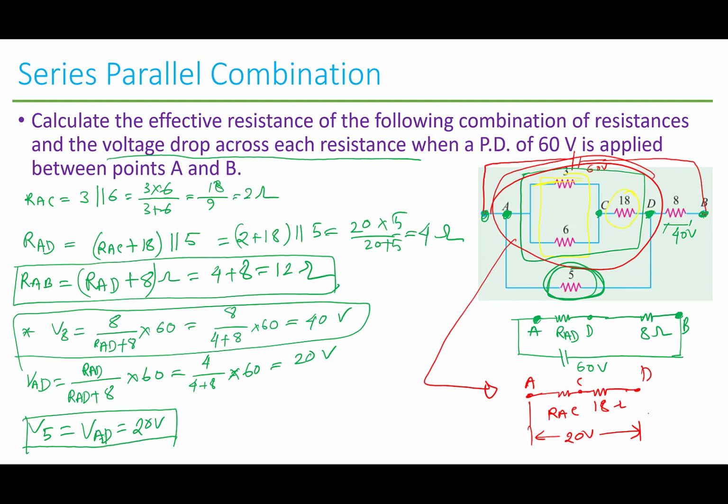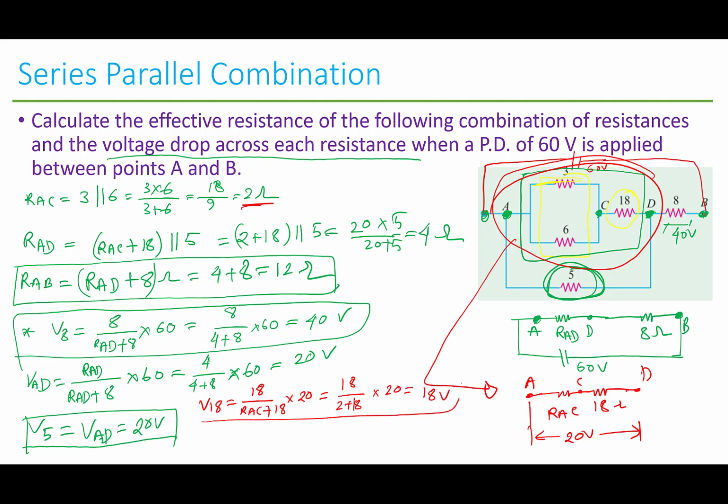So we can find out V18. Using the voltage divider rule, V18 equals 18 over RAC plus 18 times the total voltage of 20, which makes it 18 over, RAC is 2, plus 18, times 20, equals 18 volts.